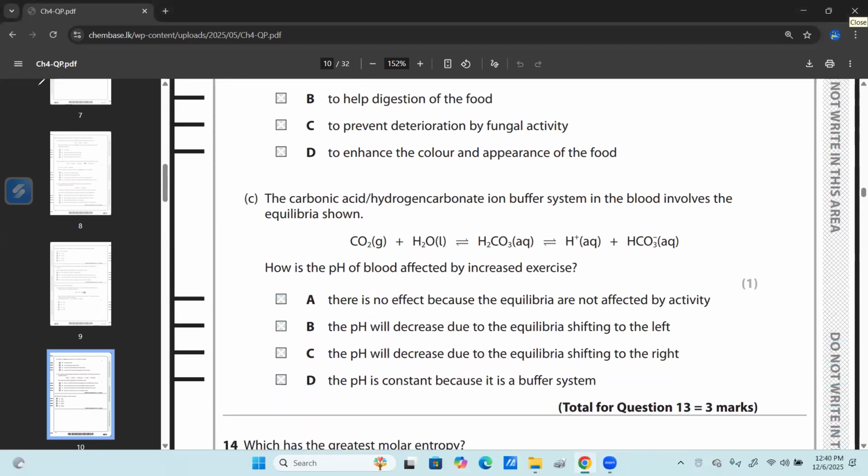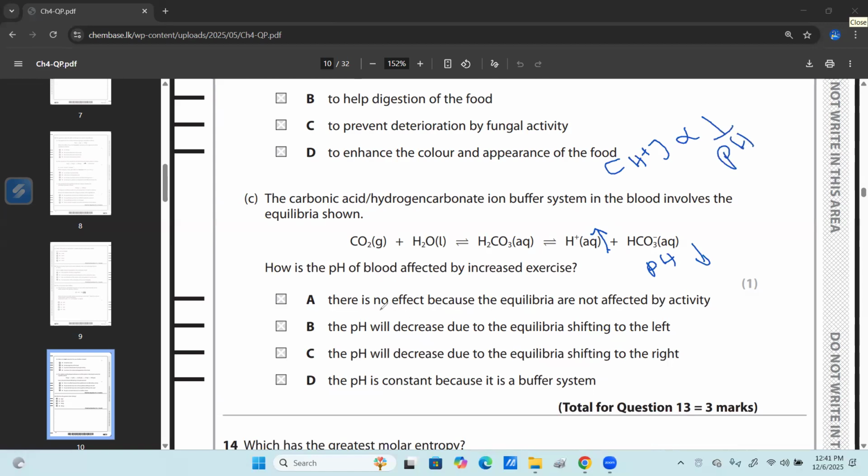The carbonic acid they have given, how is the pH of blood affected by increased exercise? So we know increased exercise will increase the H plus concentration. Metabolic activity will be high. So when you increase the H plus, pH will decrease, because there is an inversely proportional relationship between H plus and pH.